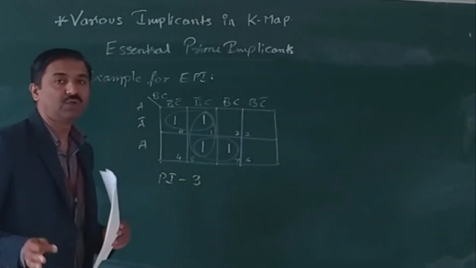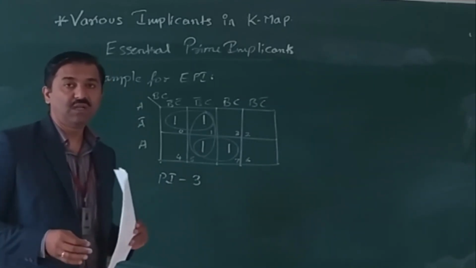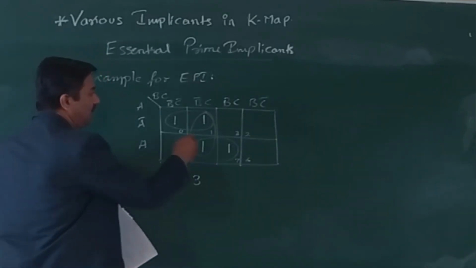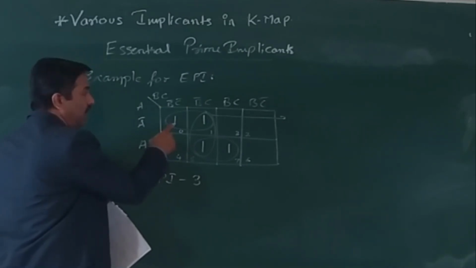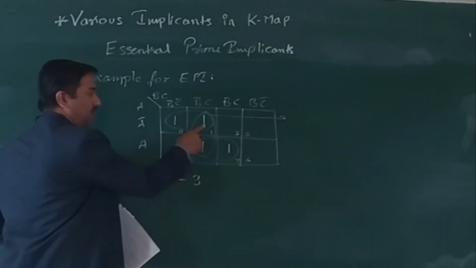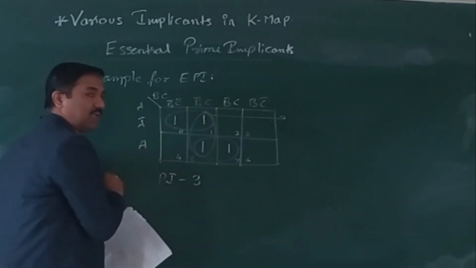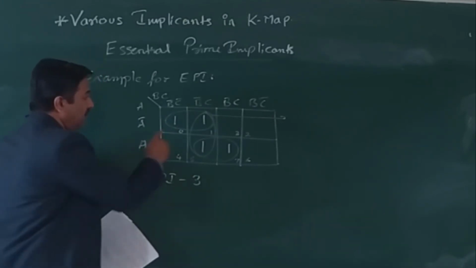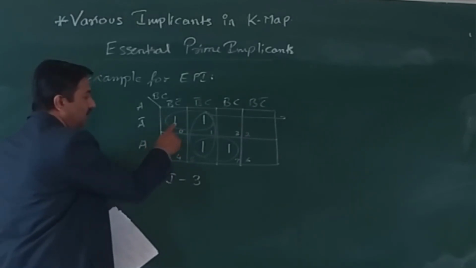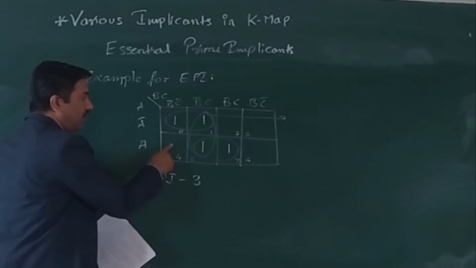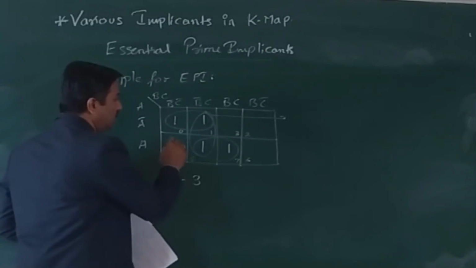Such min terms we need to identify, and name those groups as essential prime implicants. Now see, in group number 1, this one is getting covered only with the one which is adjacent to cell number 0. If there was a one here I wouldn't have considered this. There is no one present in this particular cell, or in this particular cell also. So this is one.